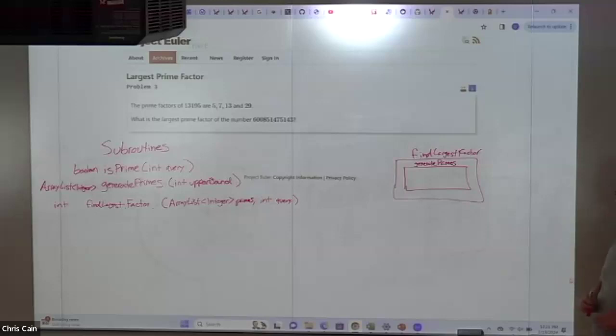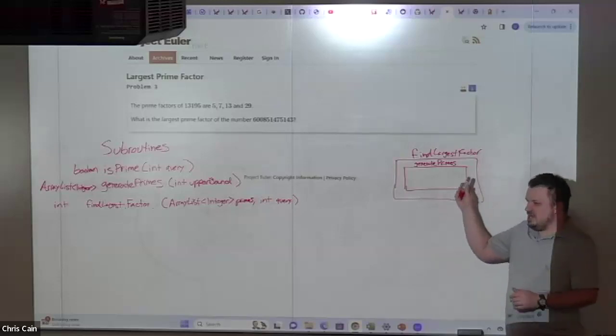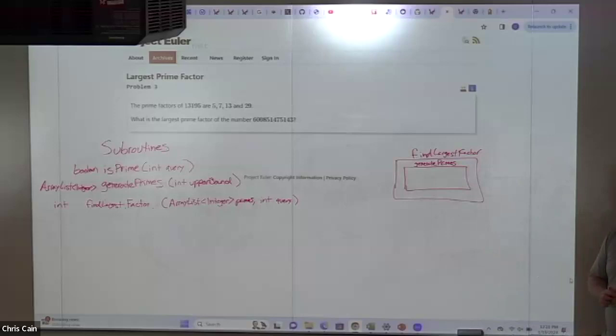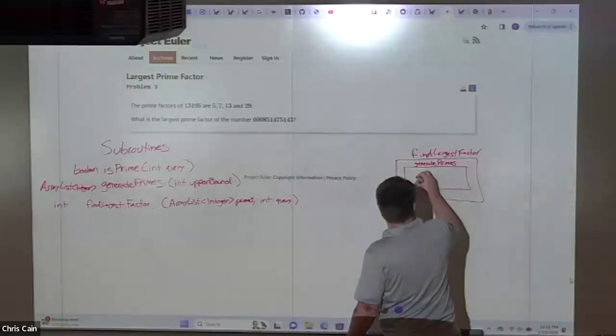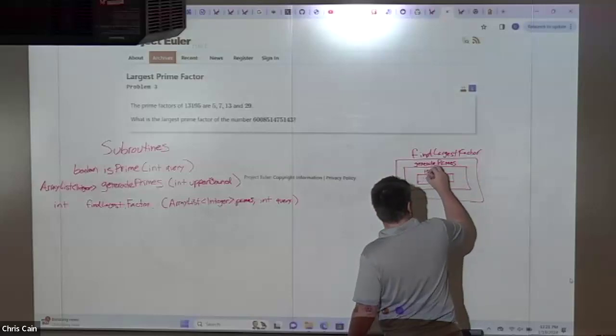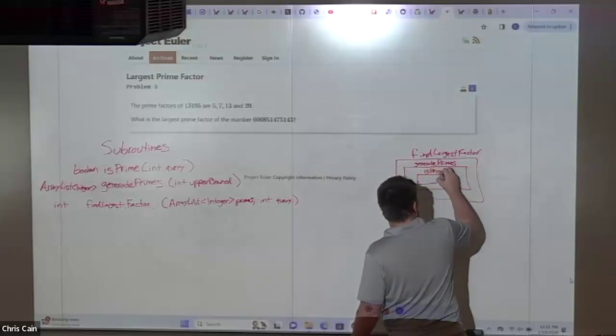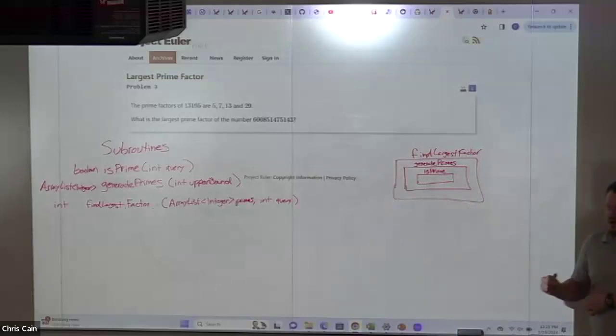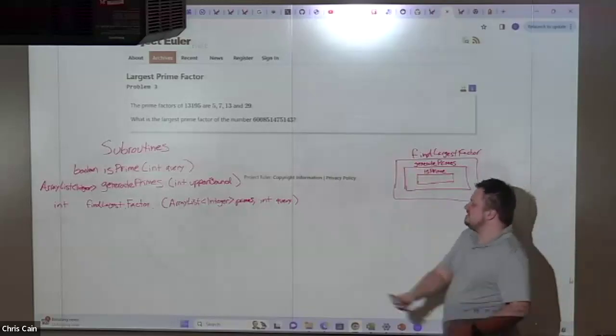And within generate primes, to be able to generate the primes, we need to figure out whether a particular number is a prime number or not. So you can kind of draw another internal rectangle that says this logic is going to be inside of generate primes, in order to figure out what the primes are that are associated with this large number. First of all, what is this large number?